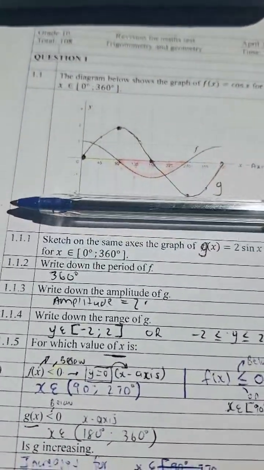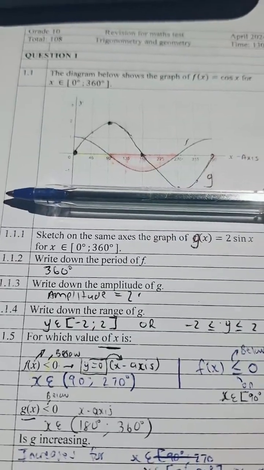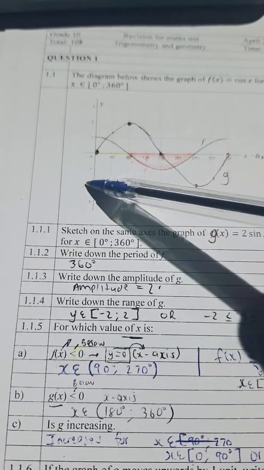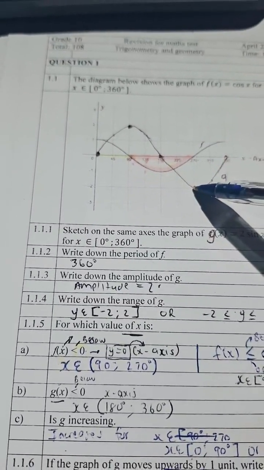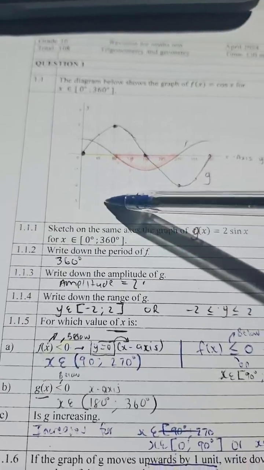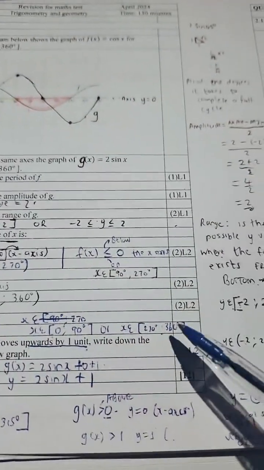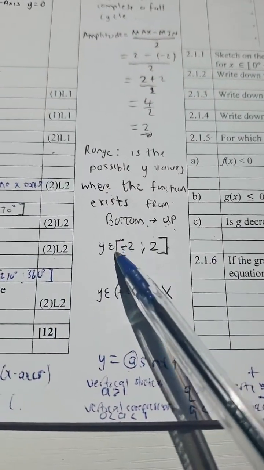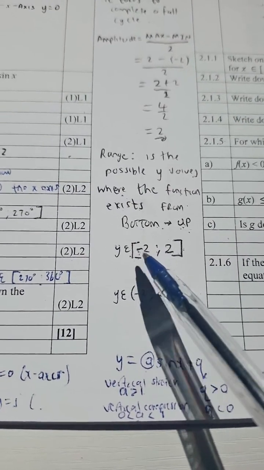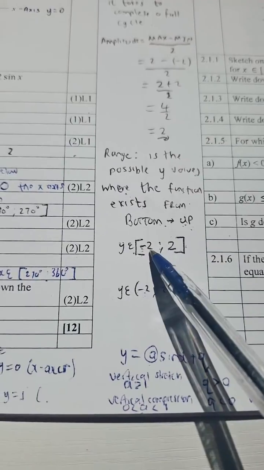When you move from the bottom, you can see the lowest value that the function exists at is y is equal to -2. There, you see, the function does exist. It turns at that point. So that's why we say y is an element, and when we write that element, we write square brackets to show that the -2 is included as part of our answer.